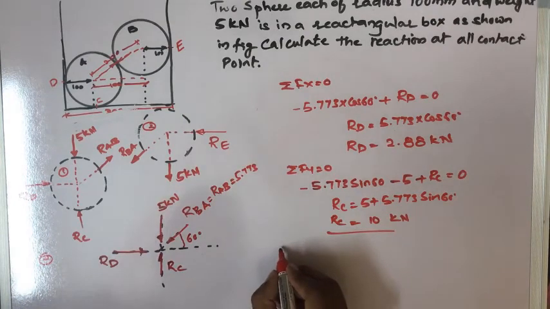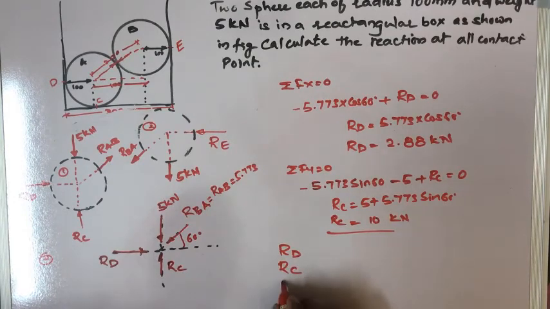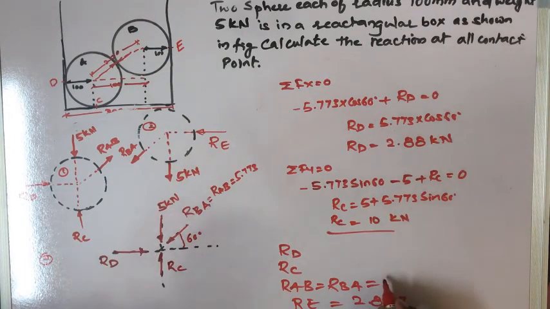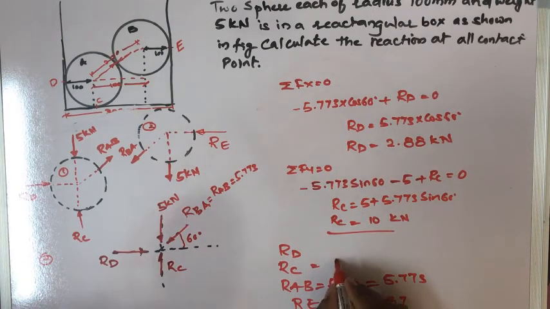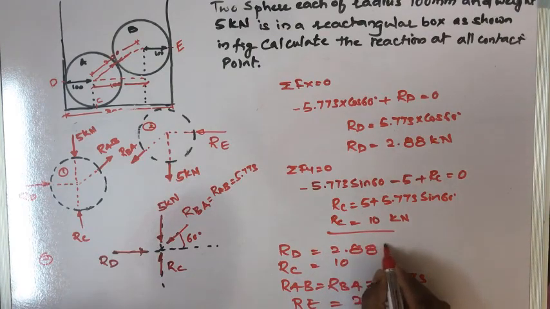All the reactions we have calculated are RD, RC, RAB or RBA, and RE. RE is 2.887, RAB is 5.773, RC is 10 kilonewton, RD is 2.88 kilonewton. These are the reactions.